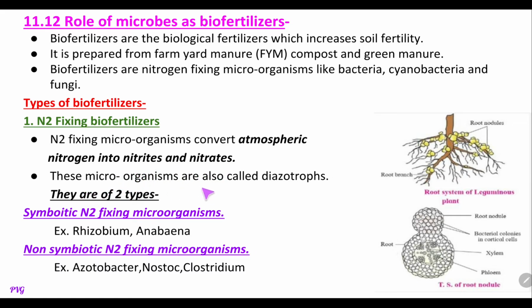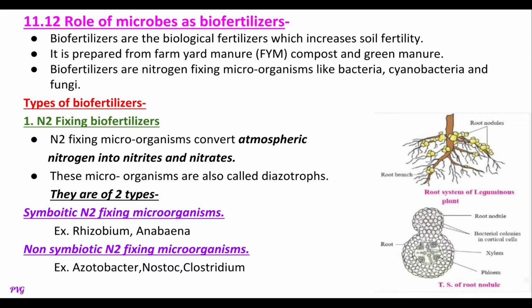These microorganisms are also called diazotrophs. They are of two types: symbiotic nitrogen fixing microorganisms, for example Rhizobium and Anabaena, and non-symbiotic nitrogen fixing microorganisms.